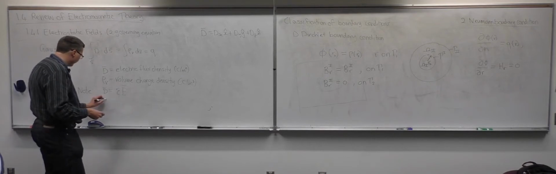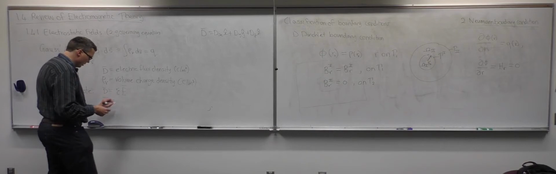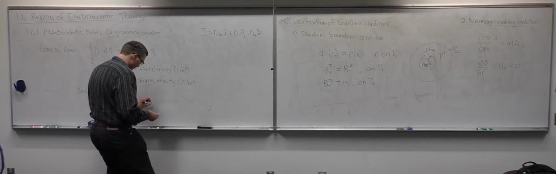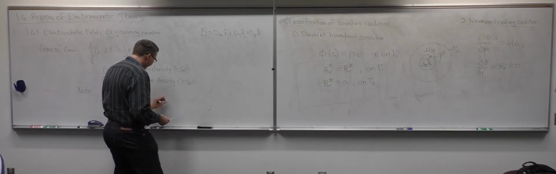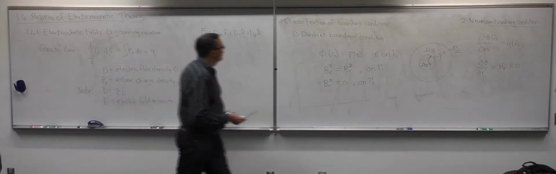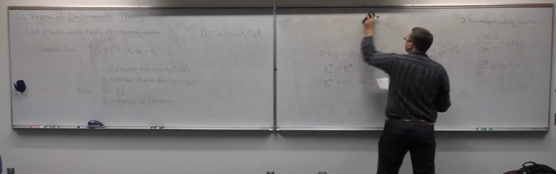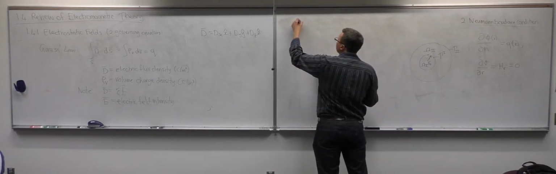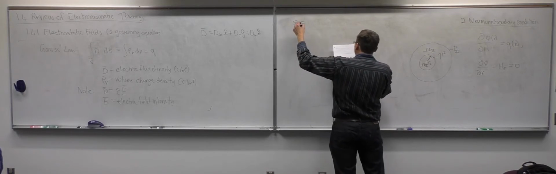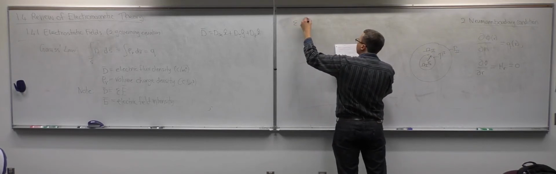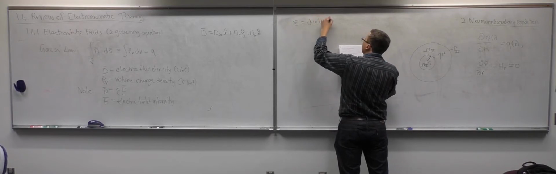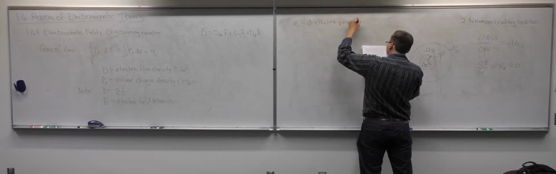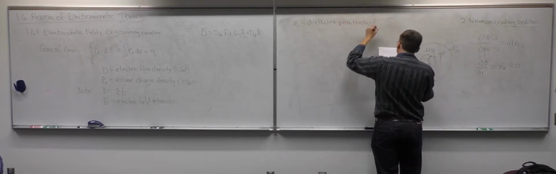So E is the electric field intensity, and D is the flux density, and where epsilon is the dielectric permittivity of the medium.